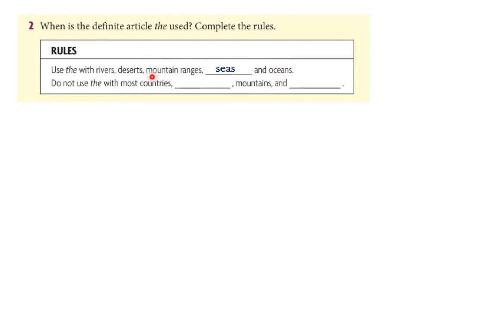It also came with mountain ranges, not a single mountain. But we do not use 'the' with most countries. Some of them come with 'the', but most do not. Also not with continents, single mountains, not mountain ranges, and cities.